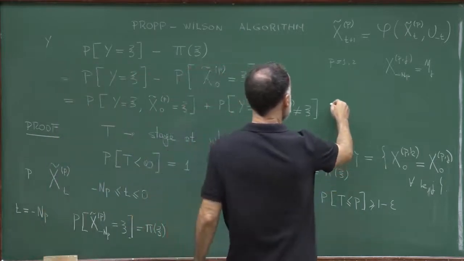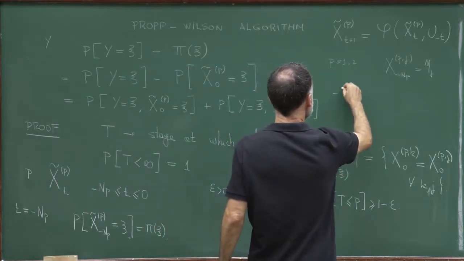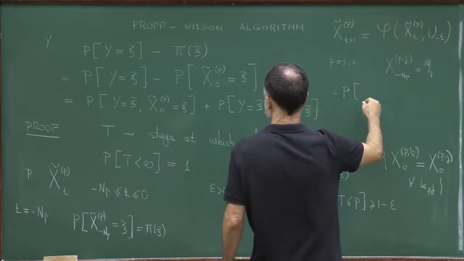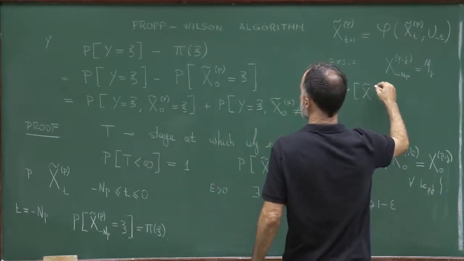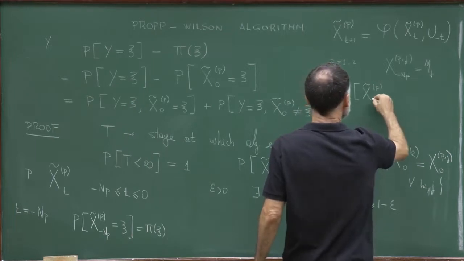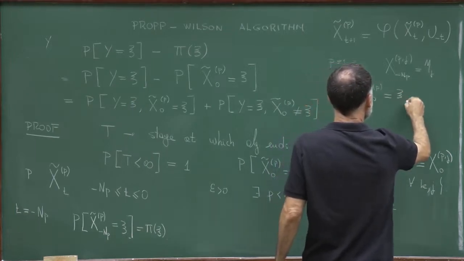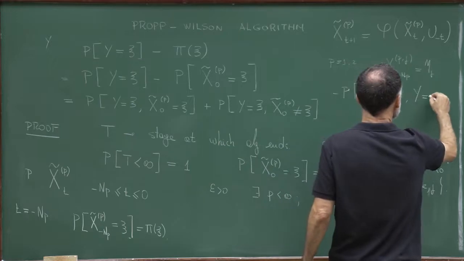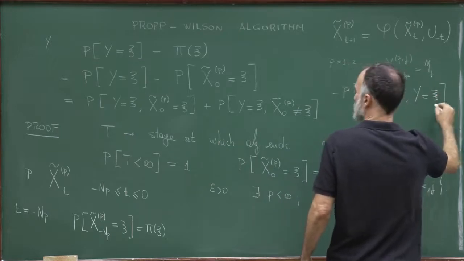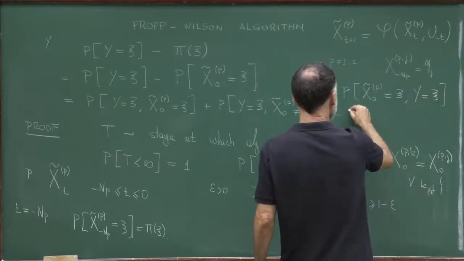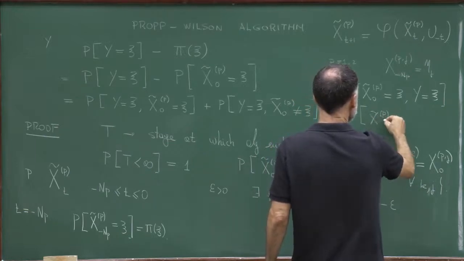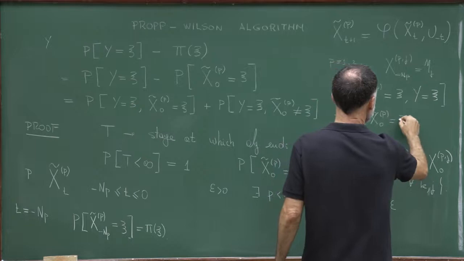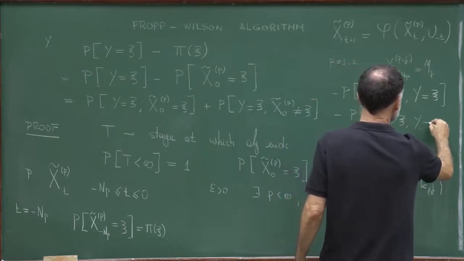So this second probability is equal to minus the probability that x tilde p at 0 is equal to xi and Y is equal to xi, minus the probability that x tilde p at 0 is equal to xi and Y is different from xi.